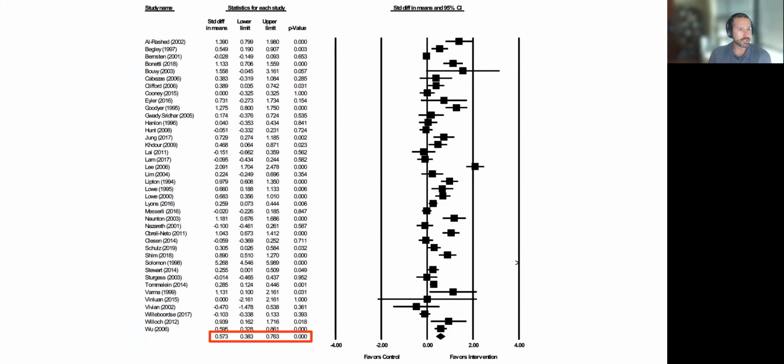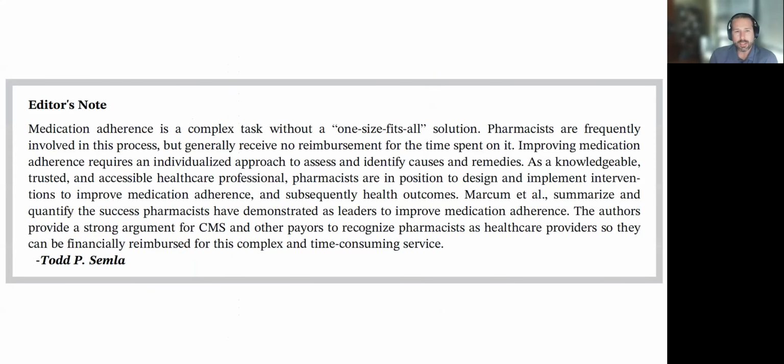And so we concluded that use of pharmacist-led interventions supported by Medicare reimbursement could ensure older adults access to effective med adherence support. And it was kind of exciting to see that the editor wrote this note with it that says that we provide a strong argument for CMS and other payers to recognize pharmacists as providers so that we can be financially reimbursed for doing this work.